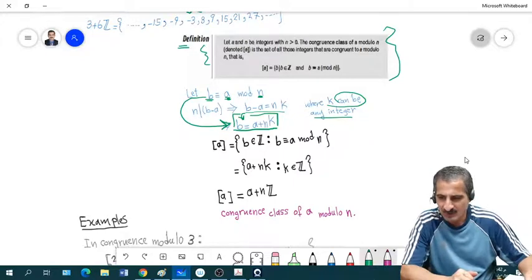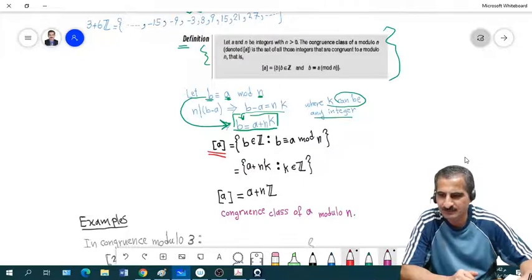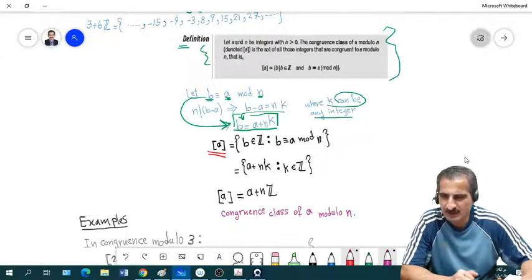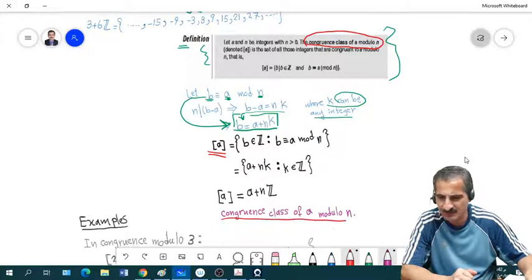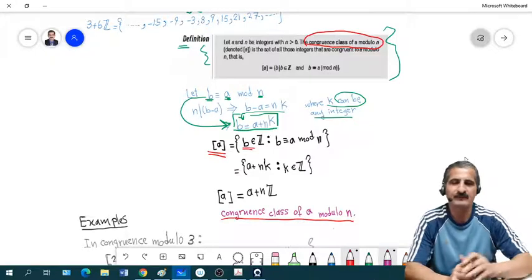Now, if we go here, the equivalence class of A, what do we mean by the equivalence class? This is what we are defining: the congruence class of A modulo N. The congruence class of A modulo N is the set of all integers.